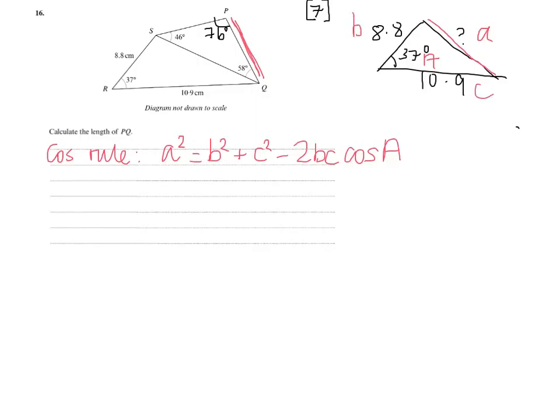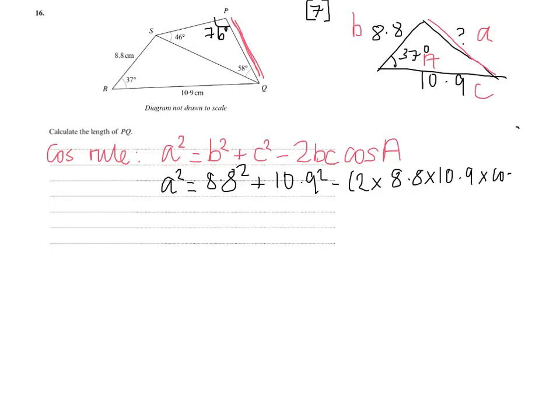I'm going to plug those numbers into my formula for the cosine rule. So we're going to have a squared equals b squared, so 8.8 squared, plus c squared, which is 10.9 squared, minus 2 times b, which is 8.8, times c, which is 10.9, times cos of the angle A, which is 37.